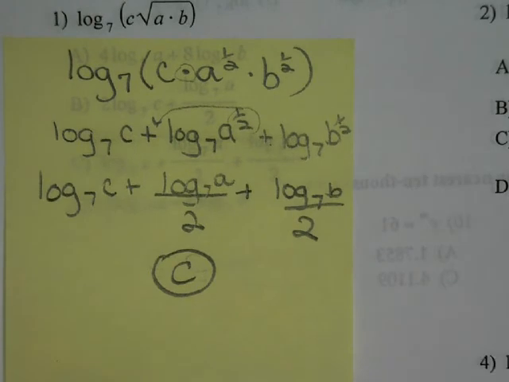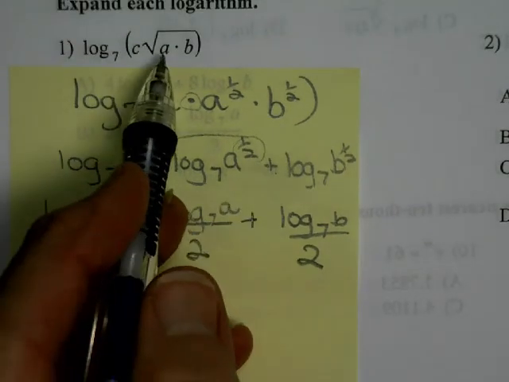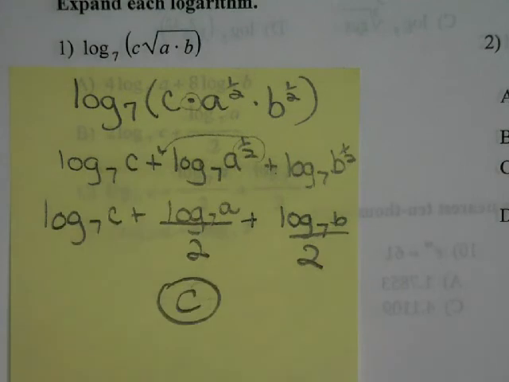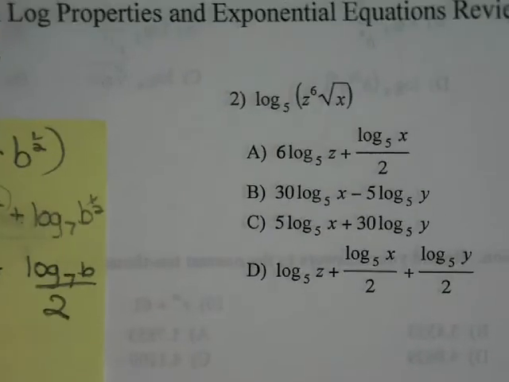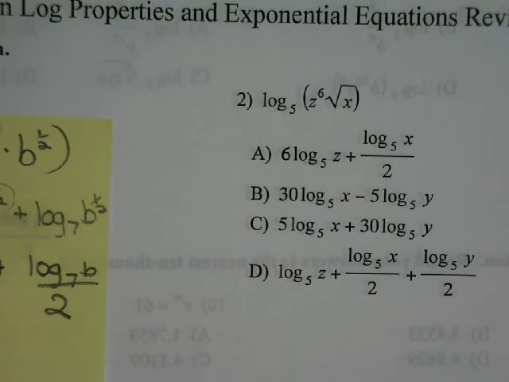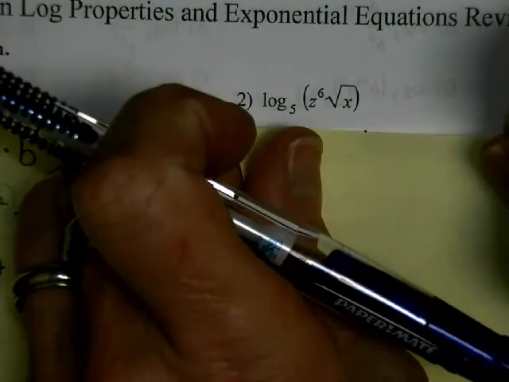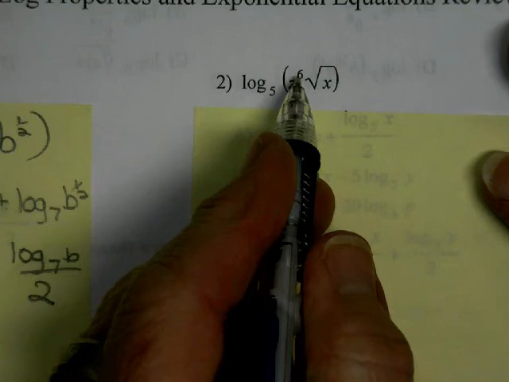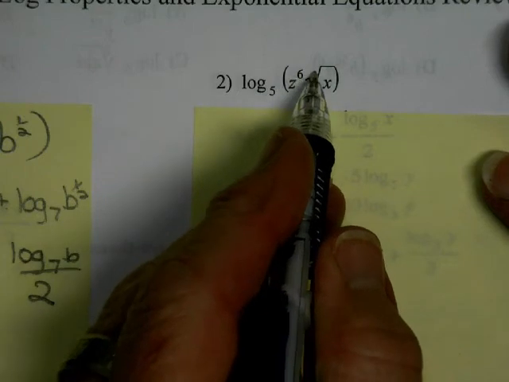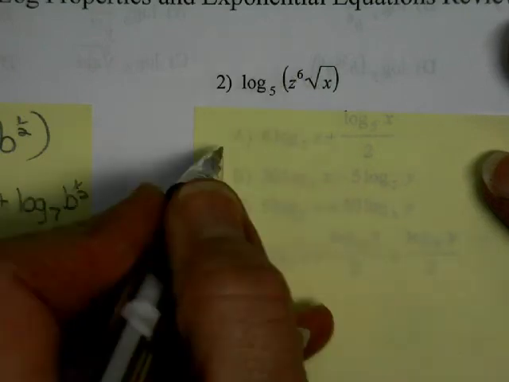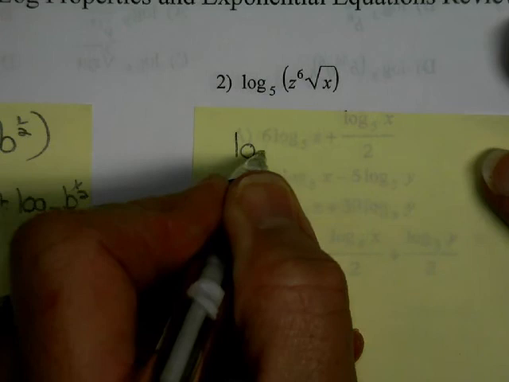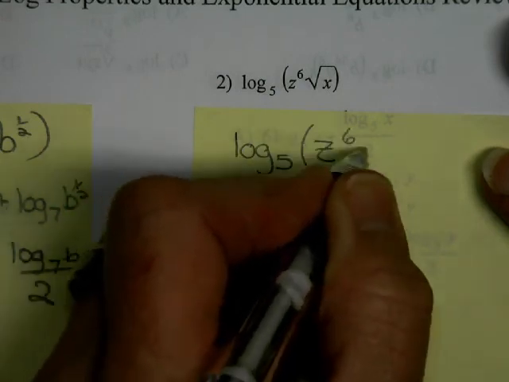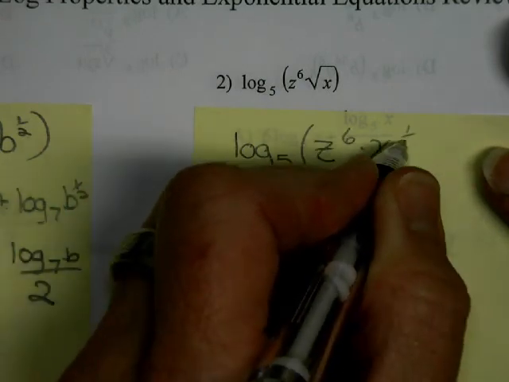Now you know what you're in for. Change your radicals to fractional exponents and then use the rules. So you see how the 6 is not in the little radical part, so that 6 belongs to the z. So it's log base 5 of z to the 6th times x to the 1/2.